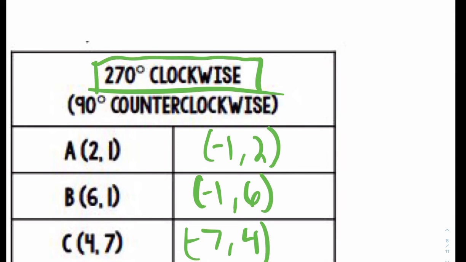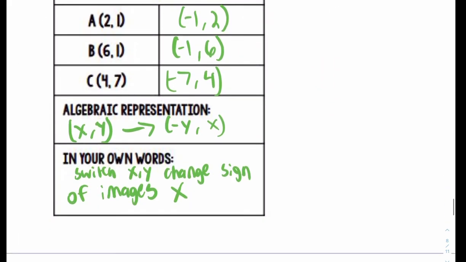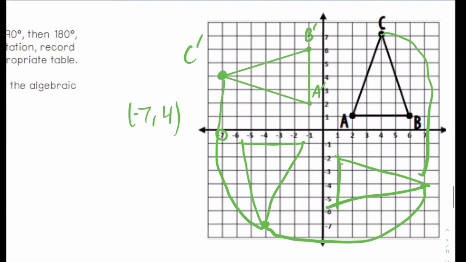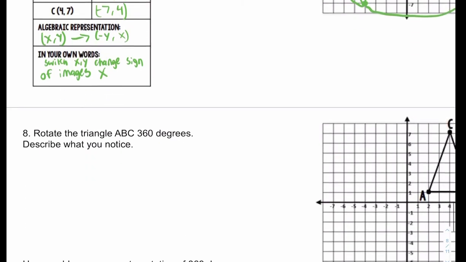So your options are either you memorize these 3 different rules and the 2 times you can use each one of them, which is a lot to memorize, or you pick your favorite point on the graph, you draw the arrow 90 degrees at a time until you get where it wants you to go, and then you figure out the coordinates from there. I personally like to figure things out. Some people like to memorize formulas. That's up to you.